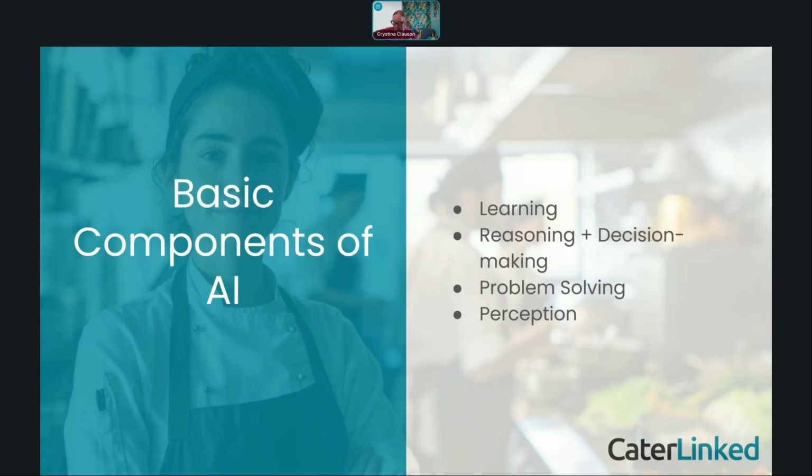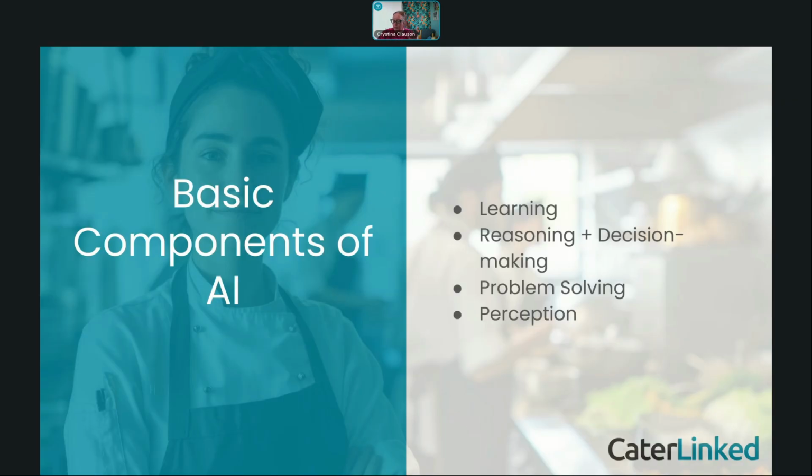Reason and decision making. That's where AI uses if-then logic and probabilistic models to derive conclusions and make decisions or inferences. So it may not have seen something like this in the past, so it's sort of logicking out what's the most reasonable response for something it's never seen, by using things that are similar.